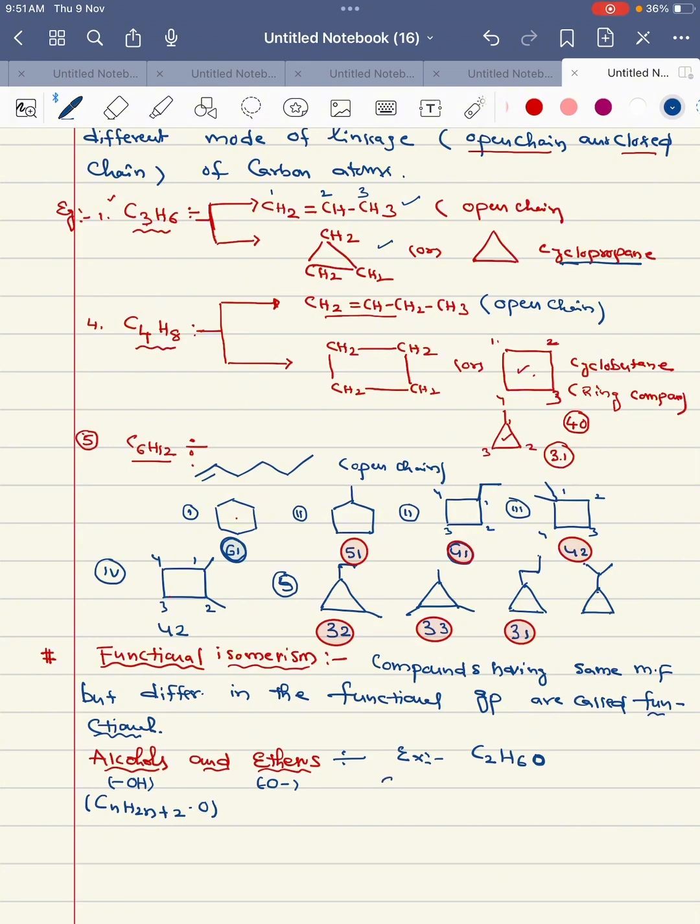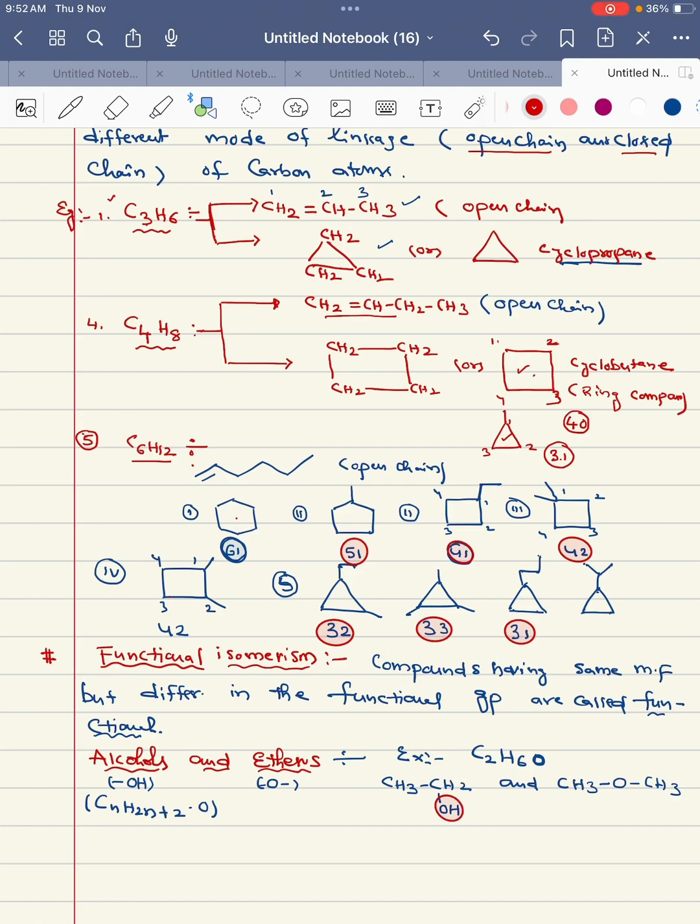Now see. First we write down the alcohol with two carbon atoms: CH3CH2OH. The next one is the ether with two carbon atoms: CH3-O-CH3. Compounds having the same molecular formula, but where is the difference?